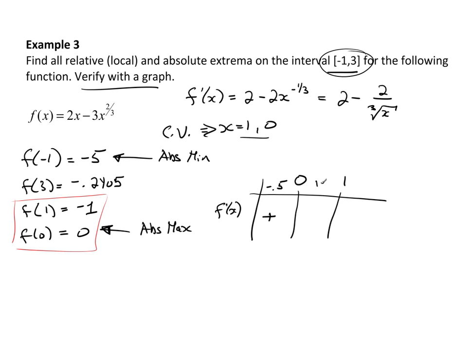Between 0 and 1, how about a half? And when I do that, I get a negative. Bigger than 1, but I'm going to stay within this interval, 3, so I'm going to pick a 2. And when I do that, I get a positive.